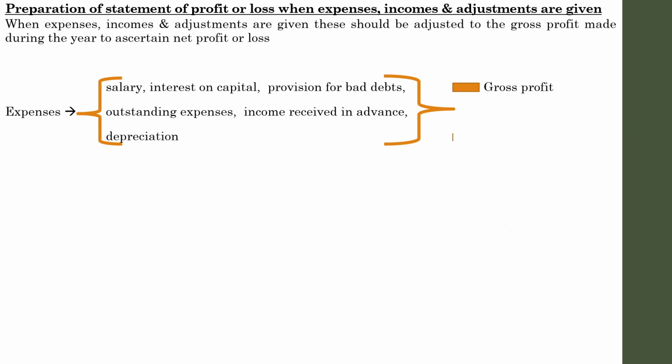Then you get a profit or loss during the period. That profit is known as gross profit. So once you have found that profit, and if any of these items are in the question, you need to deduct them from the gross profit in order to get the net profit during the year of a business concern that follows a single entry system.